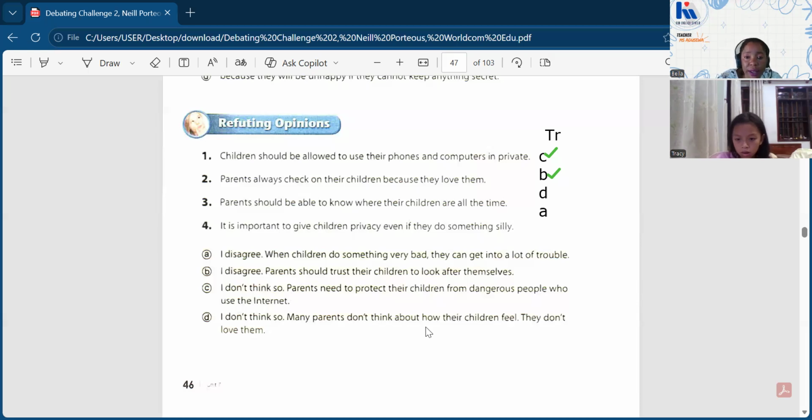Many parents don't think about how their children feel. They don't love them. Okay, so Tracy, there's a little bit of mistake here.